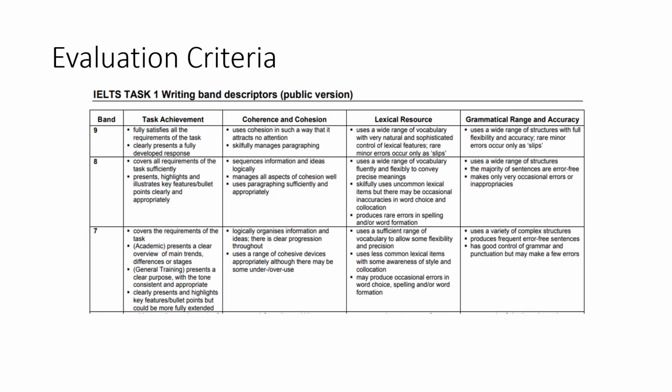Okay, now let's move on to the last point, which is grammatical range and accuracy. In simple terms, you should be able to use a wide range of sentence structures, and you should show enough flexibility to write long sentences as well as short sentences.